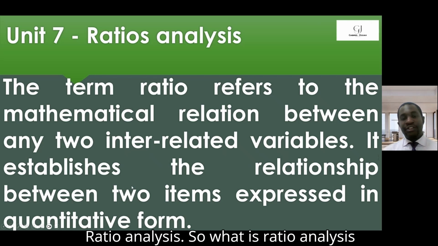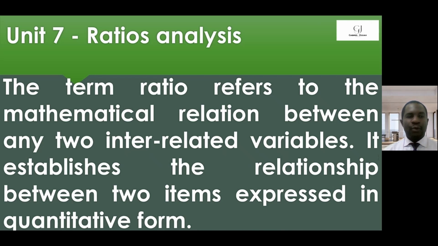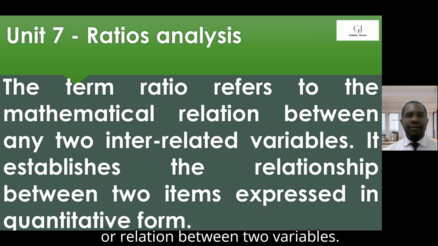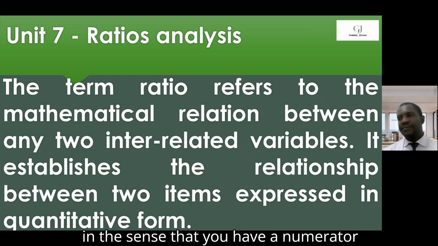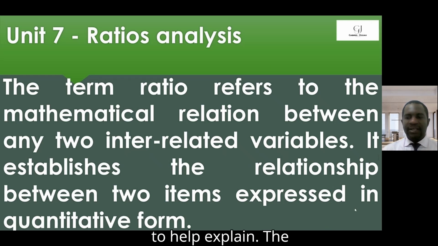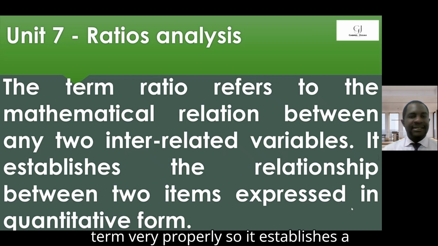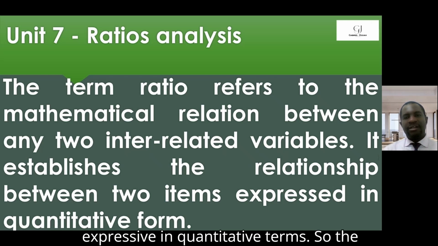Ratio analysis. So what is ratio analysis? It refers to a mathematical relationship between two variables. These two variables are interrelated in the sense that you have a numerator and a denominator that connects them, to help explain the term very properly. So it establishes a relationship between two items expressed in quantitative terms.